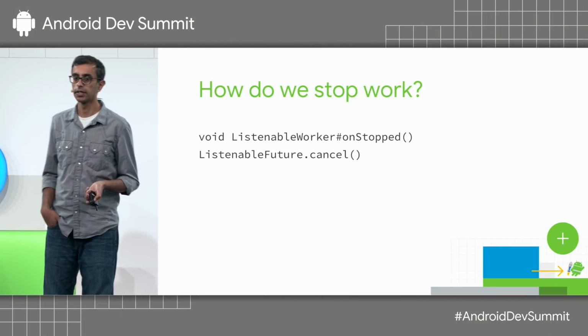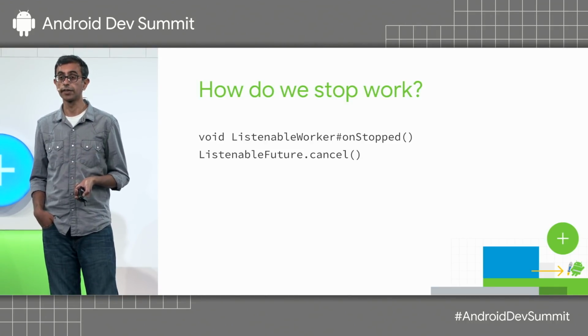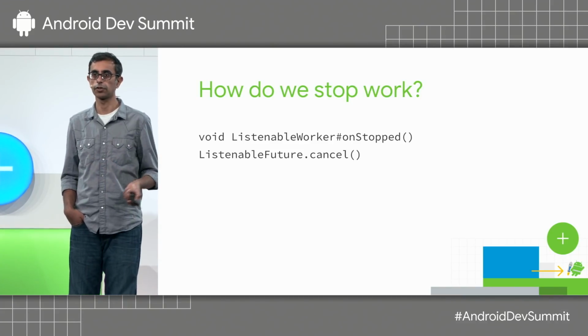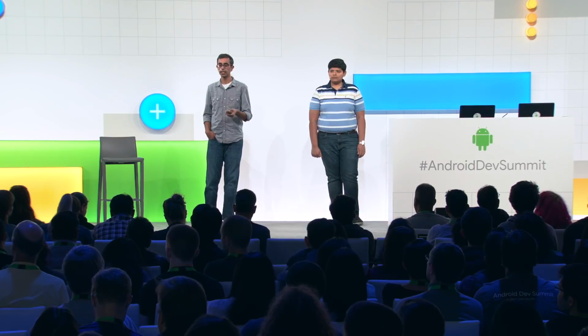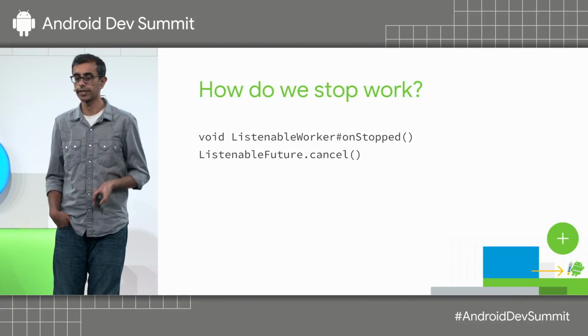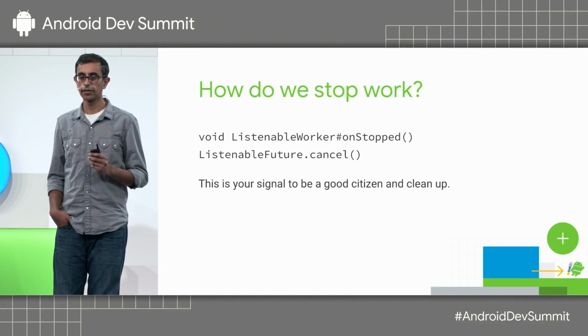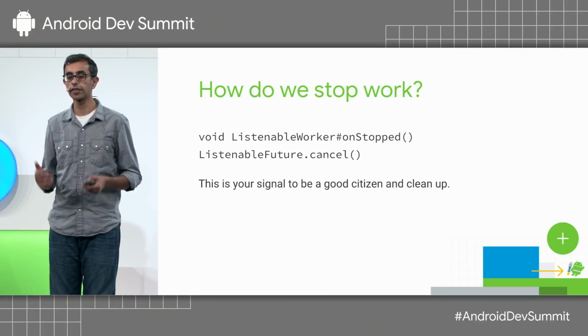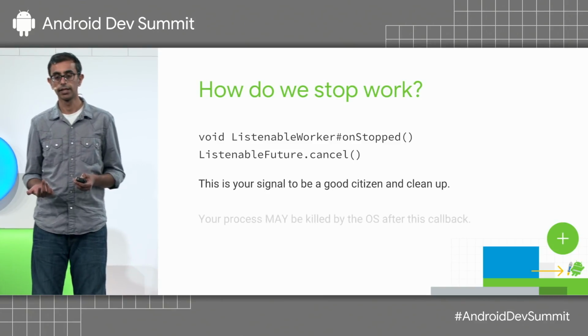How do we stop work? There's a method, ListenableWorker.onStopped. We call this method when we stop, so just override this and you get your stop signal right there. We also cancel that future that we talked about, so you can also just add your own listener and look for that. So when one of these two things happens, whichever one you're looking at, this is your signal to be a good citizen and clean up.